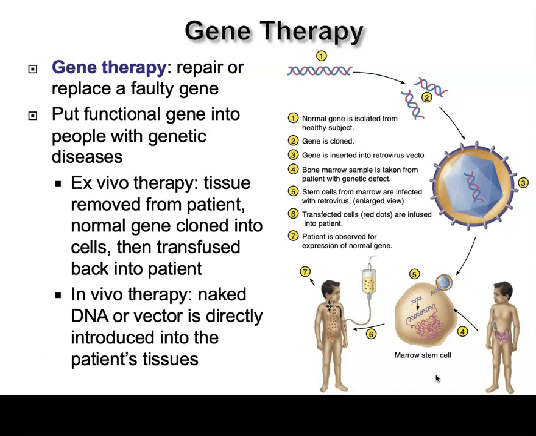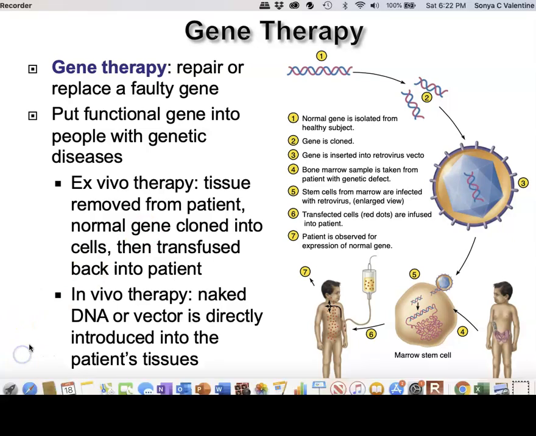If it's ex vivo, that would be the example I was just talking about. If it's in vivo, then you actually would make the change in the person's body. So you would try to repair the gene in their body.